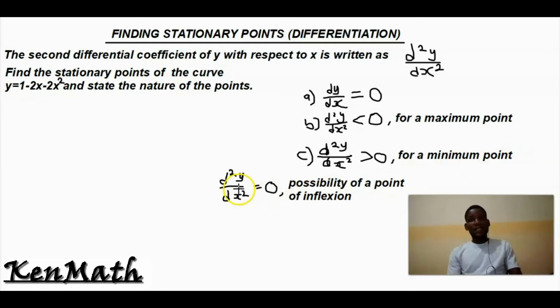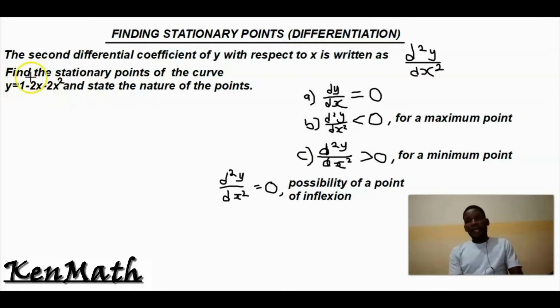But if the second differentiation coefficient is equal to 0, then it is possibly a point of inflection. These are the 4 points you're supposed to take note of.